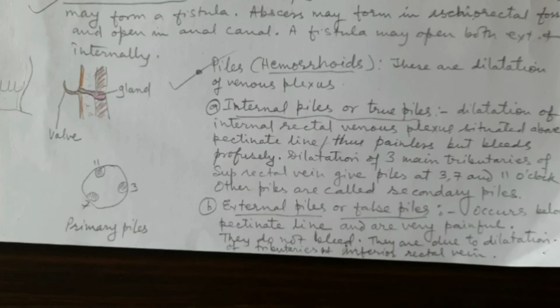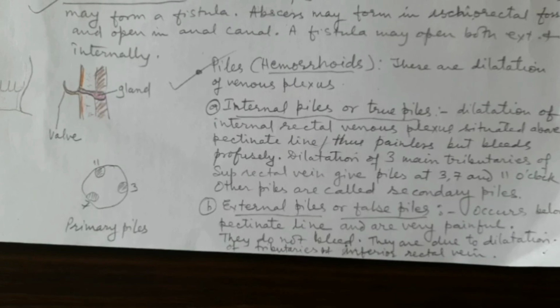But when an injury occurs, for example from hard stool passing over the plexus, the venous plexus breaks and leads to severe, profuse bleeding. This bleeding is fresh red blood that passes through the anus.